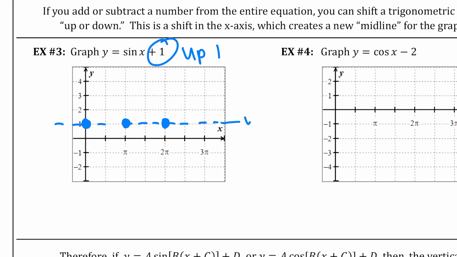Intercept on the midline. Let me write the equation of that. And then we're going to have a maximum, and then a minimum. So there's our little outline of our graph. There we go. And then, you know, it's going to keep going. So there we go. There's our sine graph, just shifted upwards.